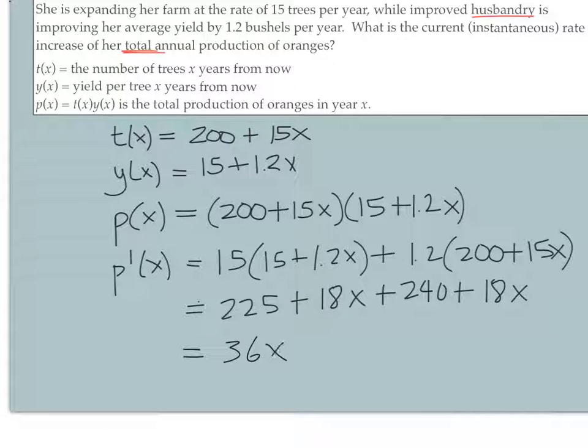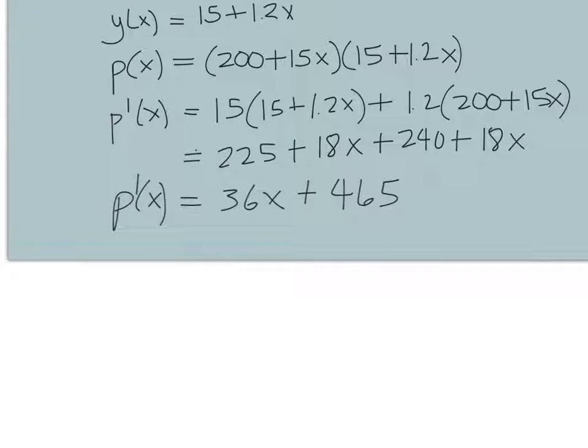And we get 36x plus 465. So his current instantaneous rate, I would say it's year 0. So it is P prime of 0, which is 465. And what would be the measurement of that?